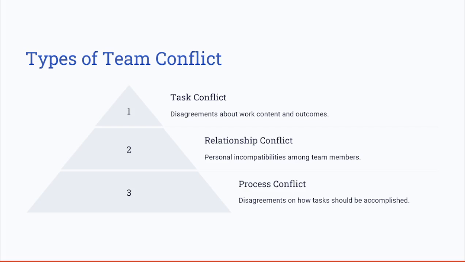Task conflict is disagreement about the content and the outcomes of the task. The next type of team conflict is relationship conflict, and that is caused by personal incompatibilities among the team members. You also have process conflict, and that is disagreement on how tasks should be accomplished.